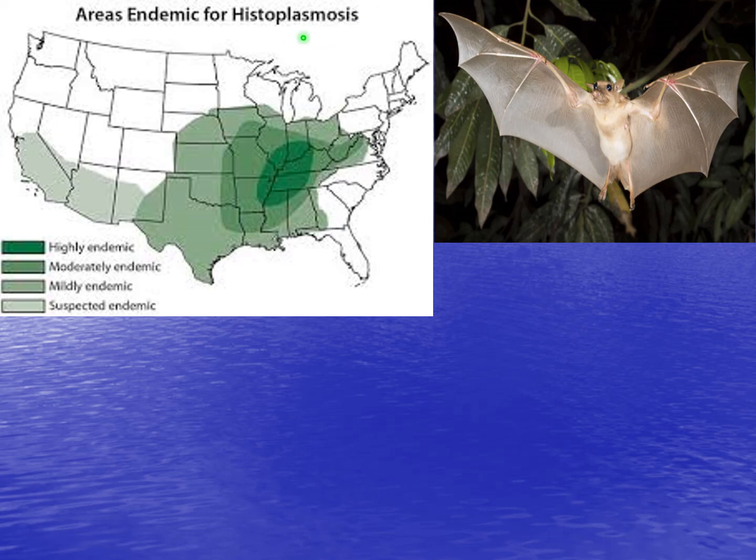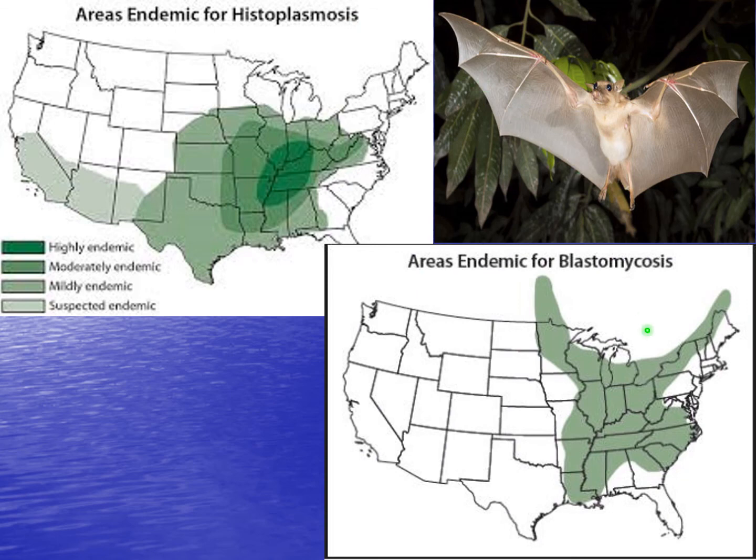Histoplasmosis is most associated with breathing in dried bird feces and dried bat guano. And so some of our cavers in this area oftentimes develop histoplasmosis. Blastomycosis also Ohio, Mississippi River valleys, but does extend a little further north than histoplasmosis.